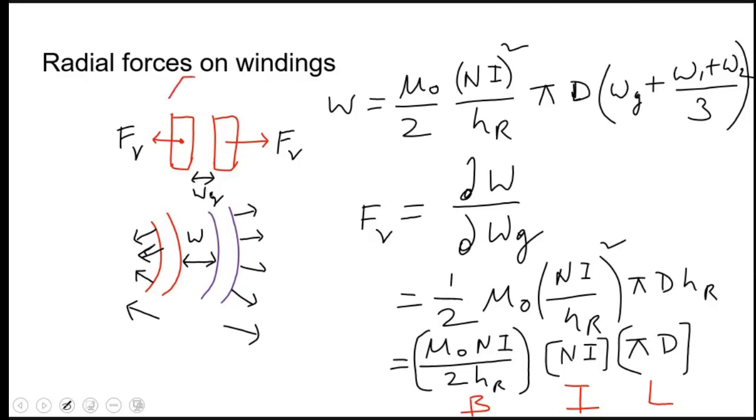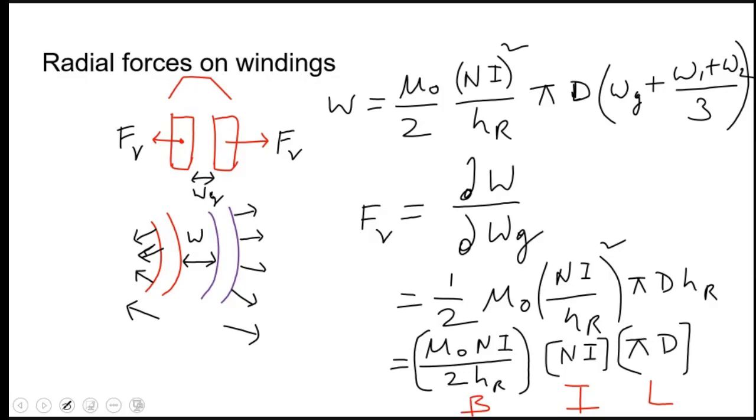The MMF will be like this and like this, right? The total current I is Ni, because N number of turns are there. And L equals pi D is the mean length of the conductor. 2 pi R is the length of the conductor for any radius R. Now D is the mean diameter we have taken, so pi D is the mean length of the conductor. So this is the total radial force on windings.